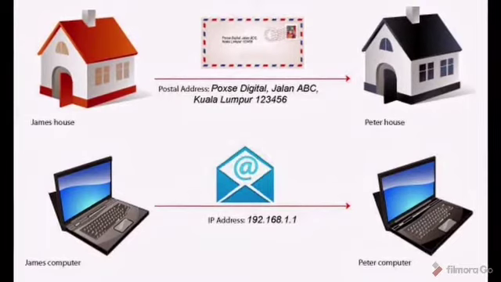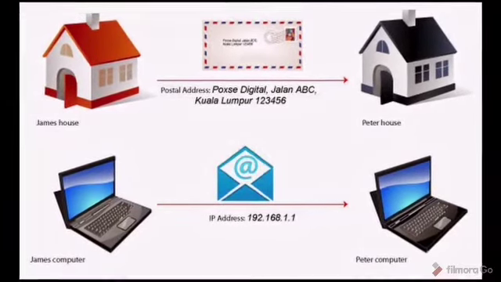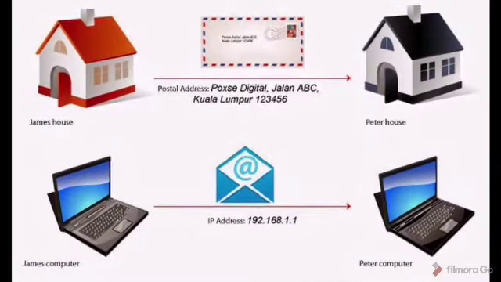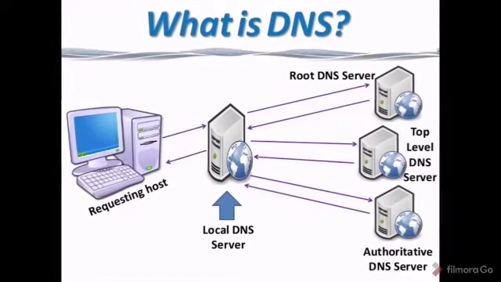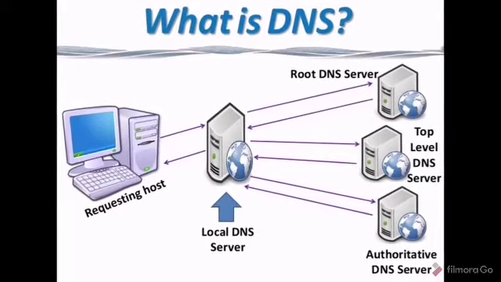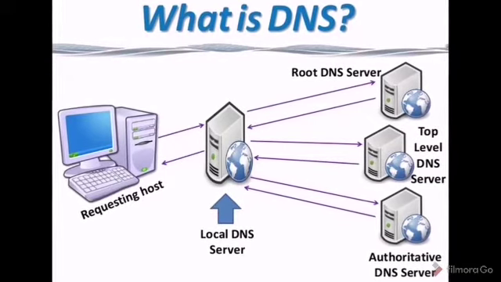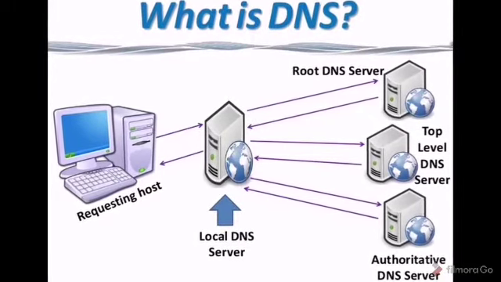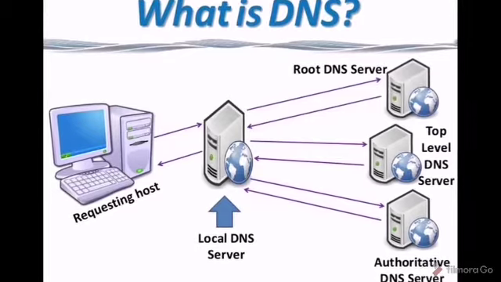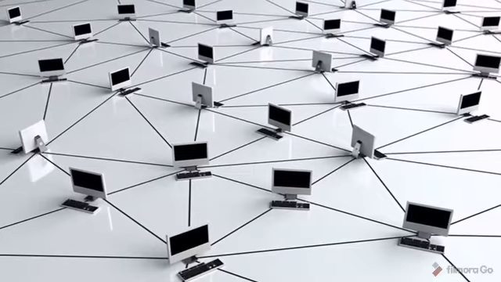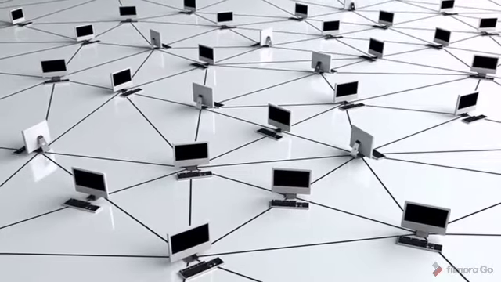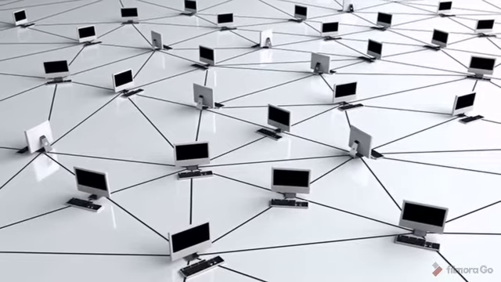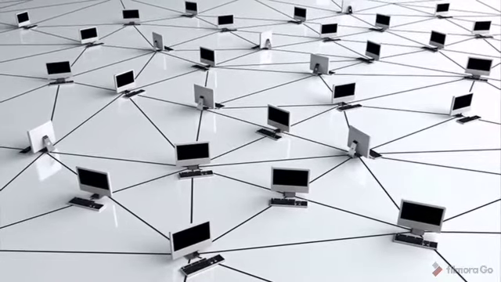However, instead of using a phone book to look up someone's name to find their physical address, your computer uses a DNS server, that is a Domain Name System server, to look up a host name to find its Internet Protocol address. If you have heard of IP addresses before, you may not realize that there are specific types of IP addresses.